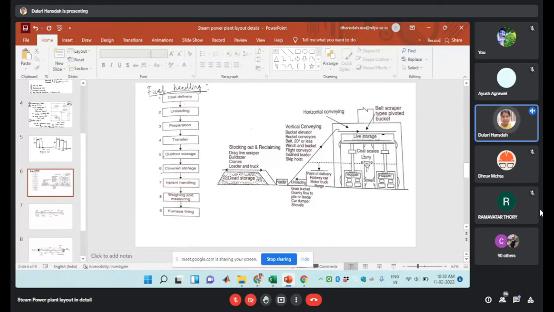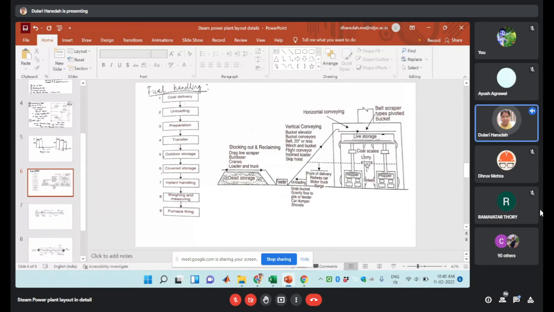The reason is that it should require minimum maintenance, it should be reliable, and there should be minimum operating cost. Okay, also the quality of the fuel is important, and the size of the fuel or cargo is also important, which will be required during the running of the plant.